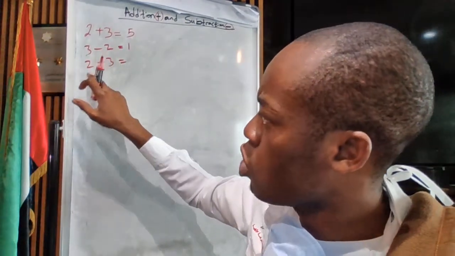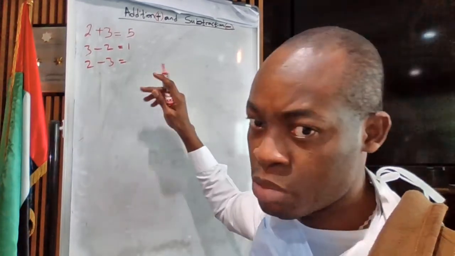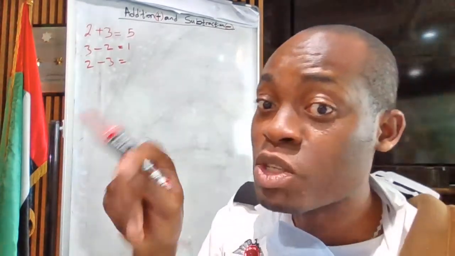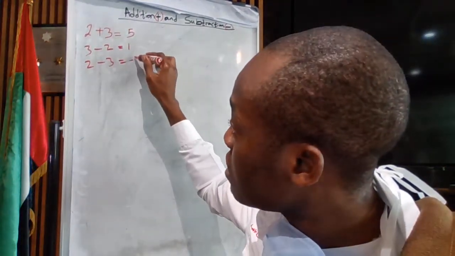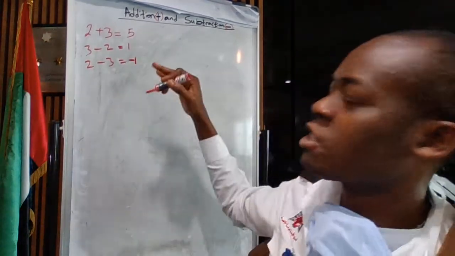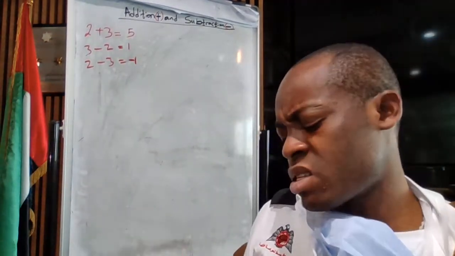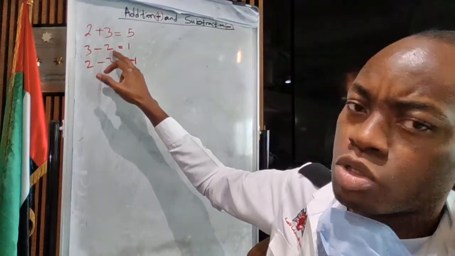Count 2: 1, 2. Take away 3. Take away 1. Take away 2. You are not able to take away the remaining 1. That means you are left with 1 takeaway that you are not able to take away. So your answer will be minus 1. I hope we get that logic. So that's regarding when you are dealing with plus and minus.